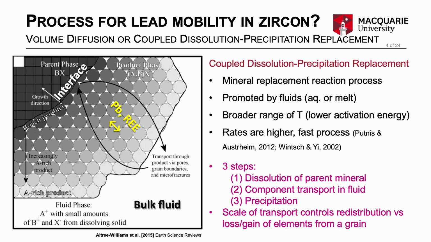The cartoon shows that chemical communication happens through the micro to nanoporosity in the replaced domain. If the connectivity is high, then there's a good chance the radiogenic lead and or trace elements like the rare earths can escape, and we might reset the age of our rim domain and change its trace element chemistry.